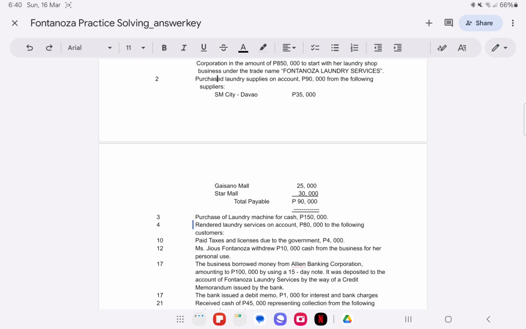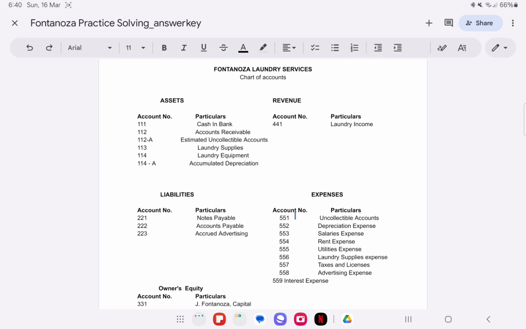So go back to transaction number 4. Okay, so what's your value received? Accounts receivable, 80,000, and what's your value parted with? Okay, so laundry income, since we are referring to rendered laundry services, so try to look in the chart of accounts if there is laundry income.